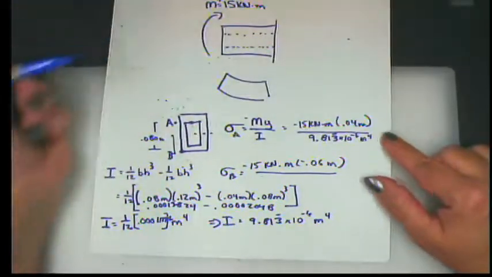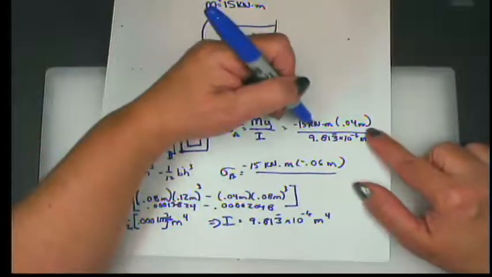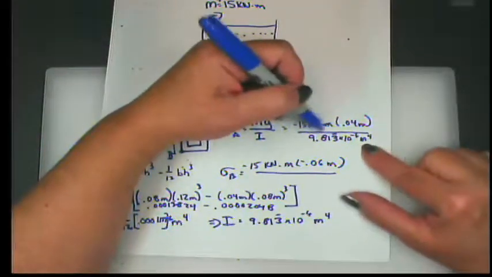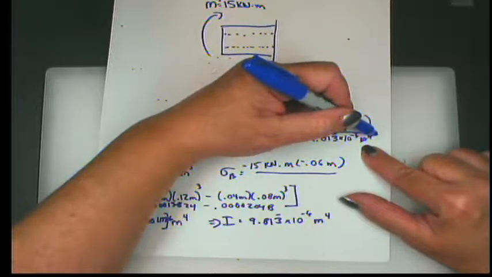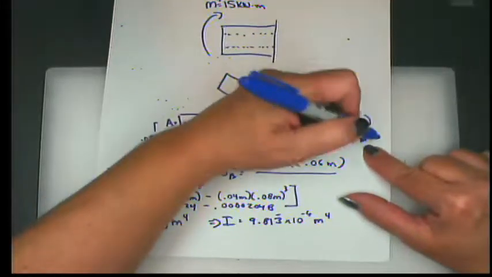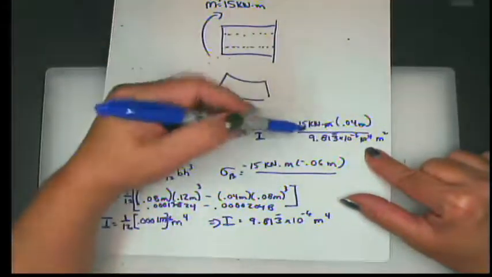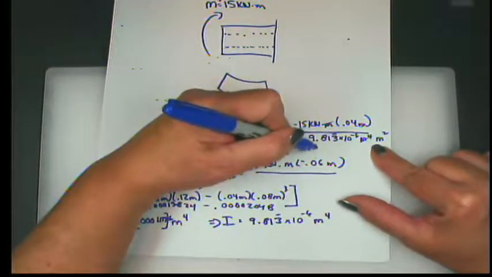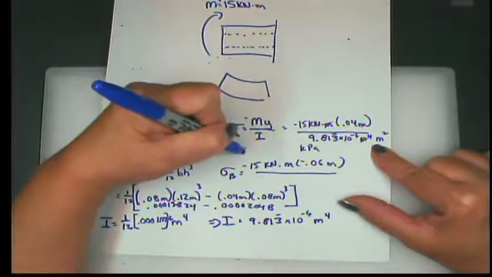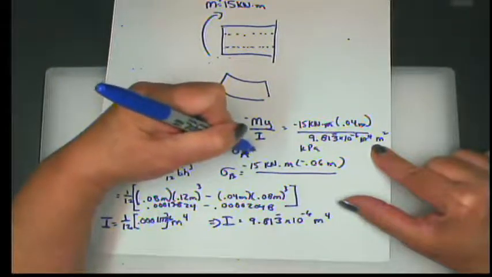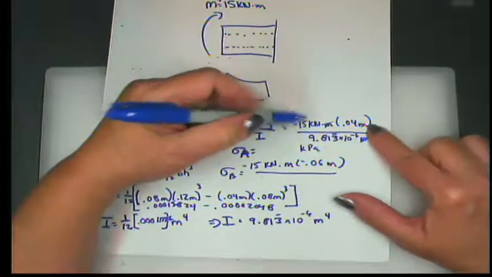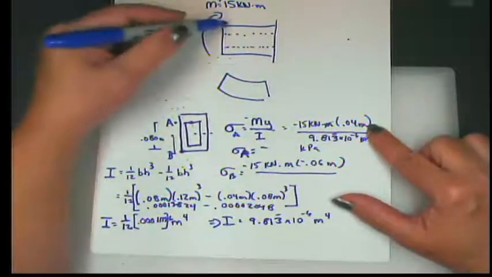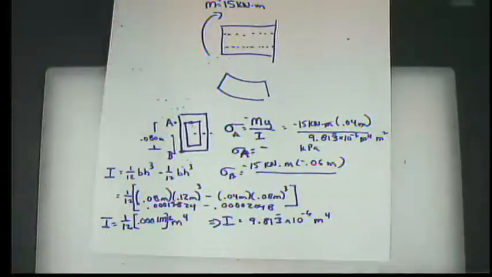The first thing we need to do is decide what our units look like. We have meters squared on the top, which cancels this to meters. If we cancel meters squared against meters to the fourth, we have meters squared on the bottom. We have kilonewtons per meter squared, which is a kPa, and that is a good unit for sigma. We have a negative value, because it's in compression.